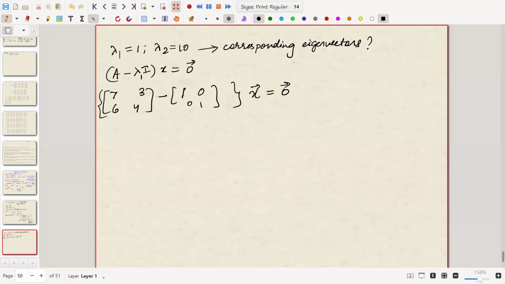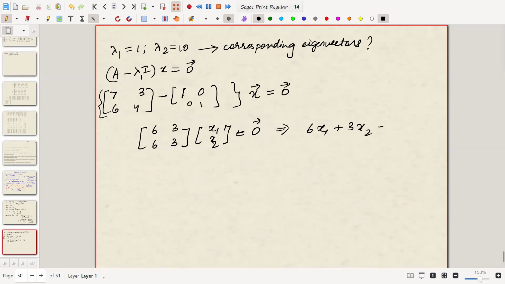So what are we getting? We are getting 6 3 6 3. Suppose vector x is x1 and x2. From here you have 6x1 plus 3x2 equals 0. So you can write 2x1 plus x2 equals 0. So can you tell me what we get here?